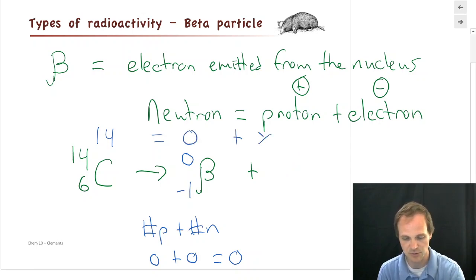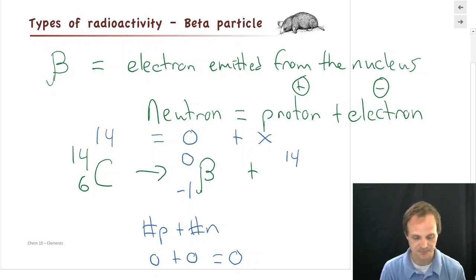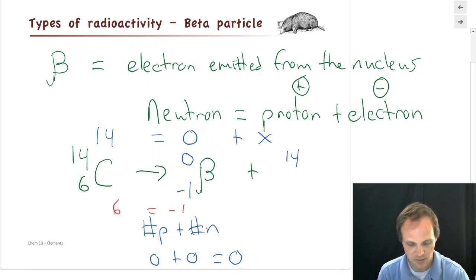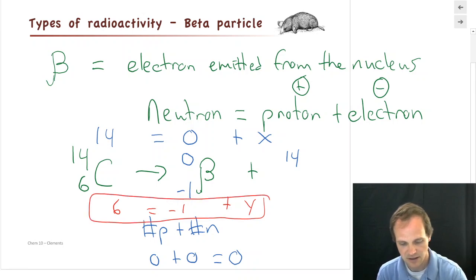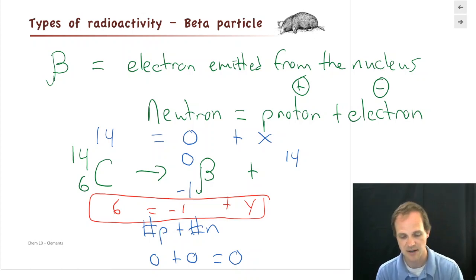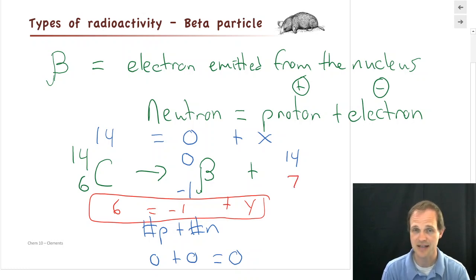14 is equal to 0 plus x. That makes it pretty easy, 14. And then on the bottom, we can do 6 is equal to -1 plus y. This one's a little trickier, so you want to think about that for a second. Now you can actually do the algebra and add or subtract -1 from both sides, but what you end up with is 7, right? 7 plus -1 is 6.